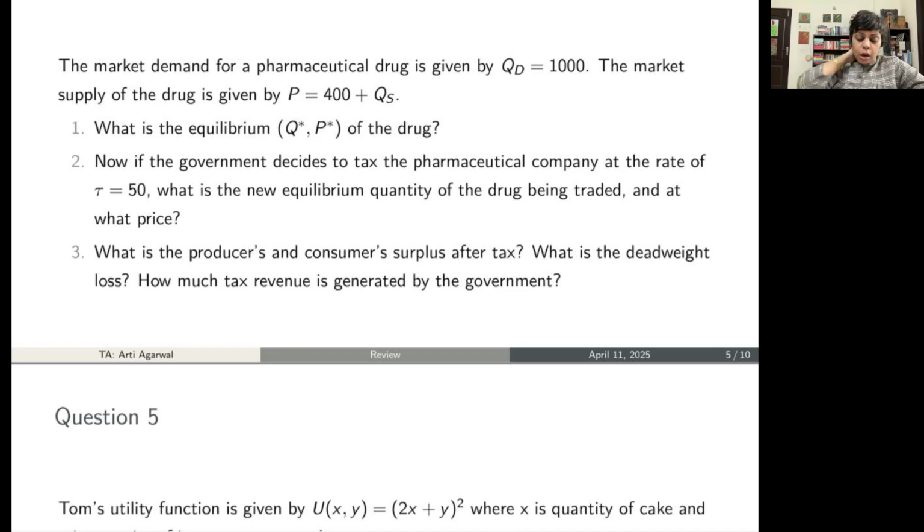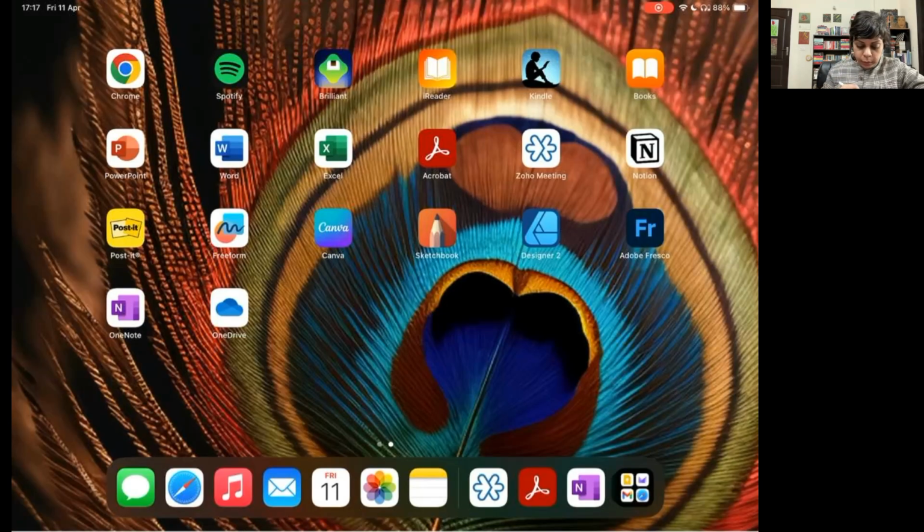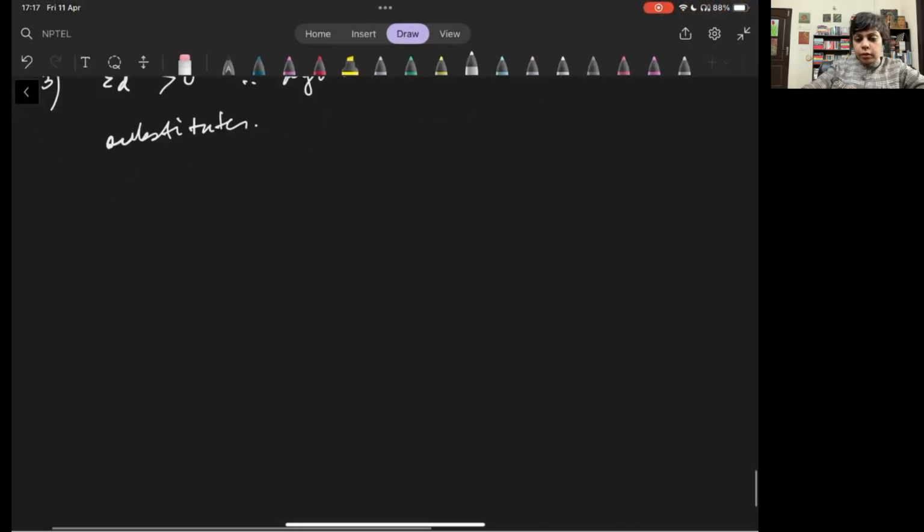We're talking about tau equal to 50. I don't want to solve this verbally like this. Let me write this down. You are given QD equal to 1000, P is 400 plus QS.